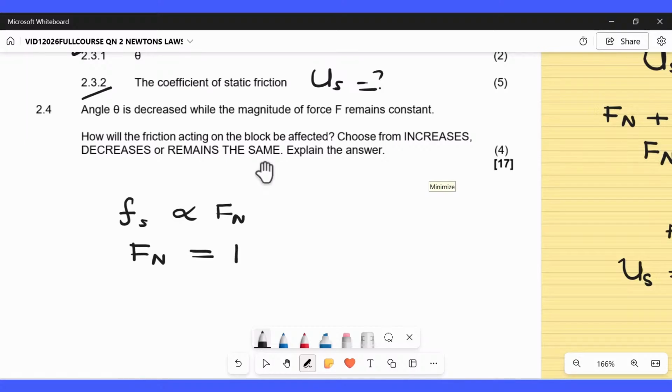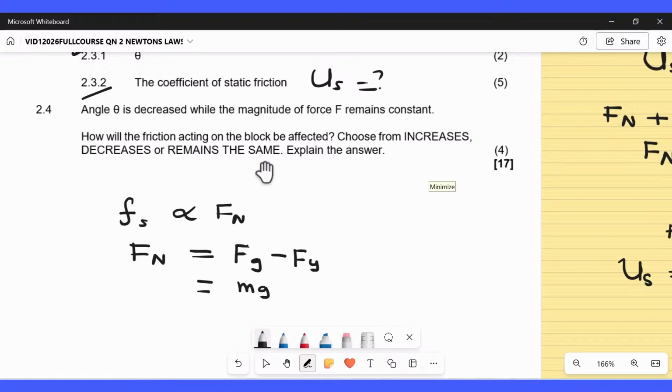Remember, we were using the same force, which is 18, so it's going to be 18 sine theta. Now, when theta decreases, this normal force will increase. Because normal force increases, and the normal force is directly proportional to the frictional force, the frictional force will also increase.